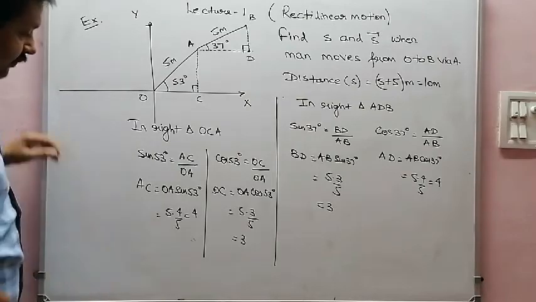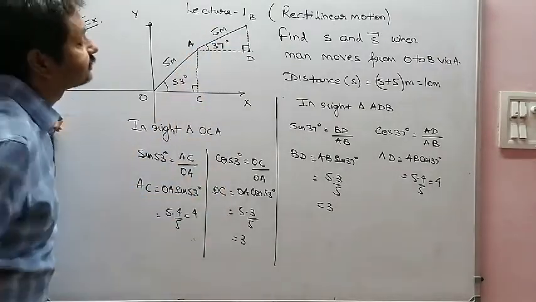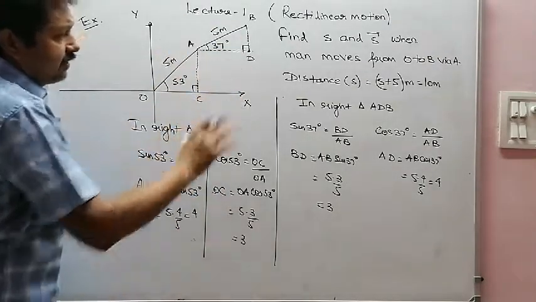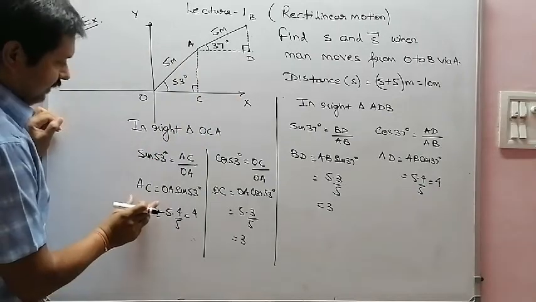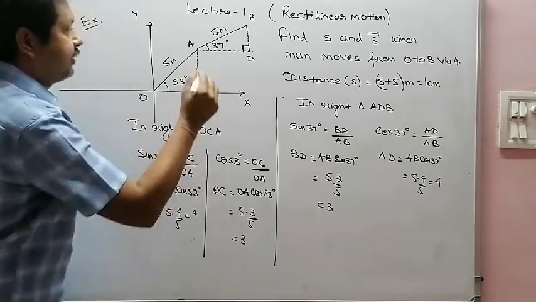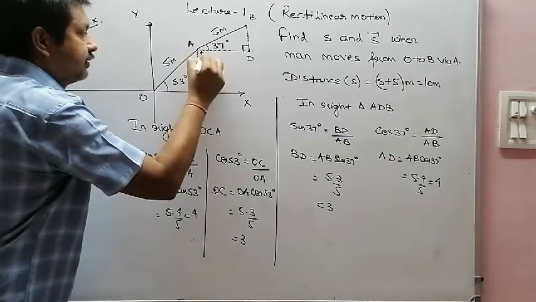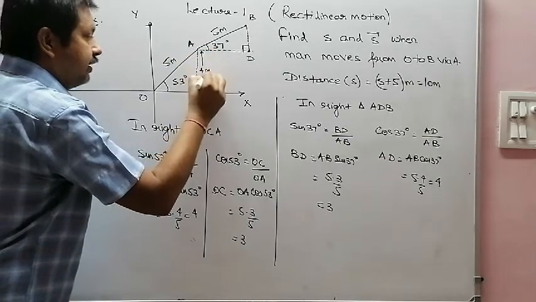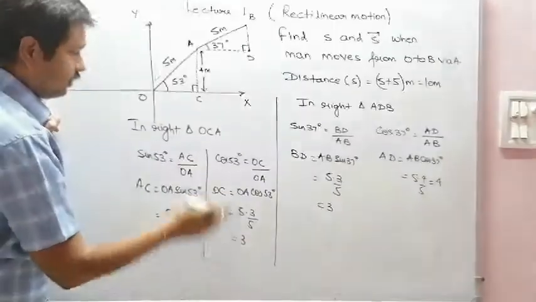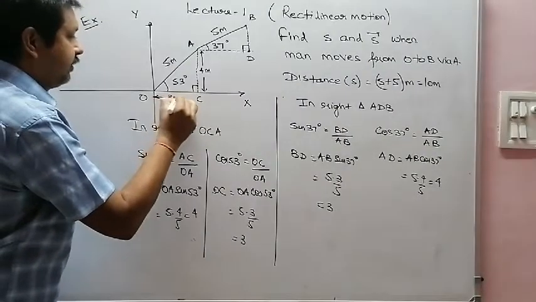So now we plot these data in this figure. AC is 4, so this length is 4 meter. This length is 3 meter, OC.